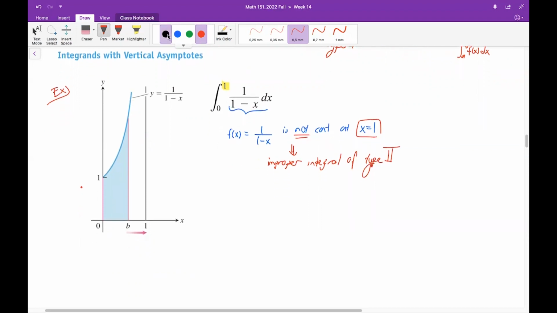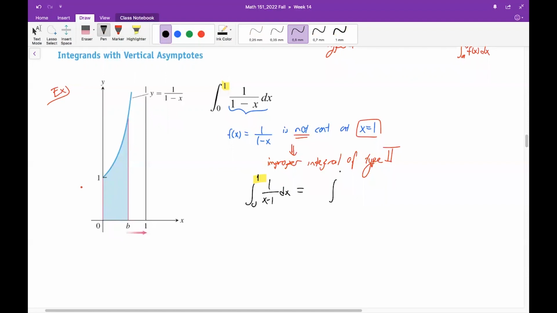And how do we fix it? By using a similar idea to the one used to fix improper integrals of type 1, we can handle this improper integral. So the problem is about this point, right? This interval is finite, but the problem is that this function has a discontinuity point here.